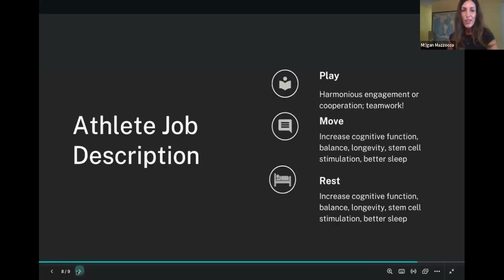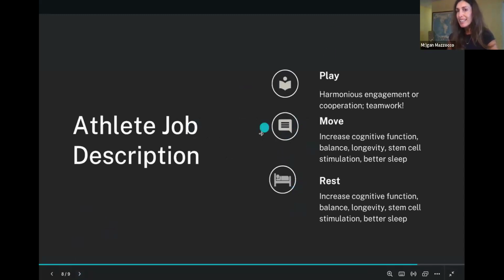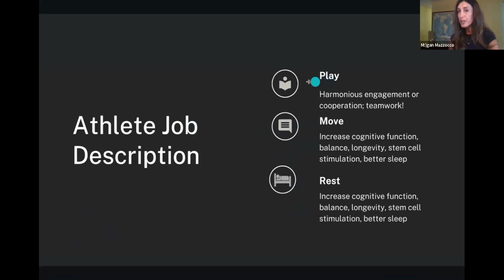And the other part about athletes and their job description is that they do play. So when we talk about creative rest, really that's the equivalent of play. A lot of people who play are playing games and moving their body. And movement is linked to positive cognitive health outcomes, or the ability to think, make snap judgments, make better decisions. It also increases your longevity.